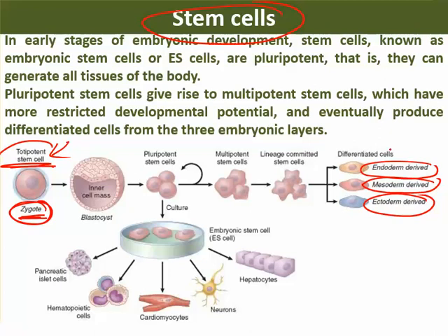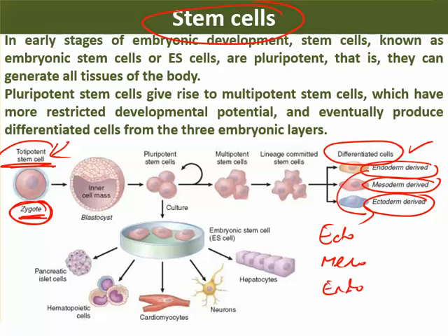So these are called differentiated cells, because ectodermal cells will not produce endodermal cells. Understand? There are 3 types of cells: ectodermal cells, mesodermal cells, endodermal cells. Endodermal cells will produce, for example, gastrointestinal tract epithelium. They will not produce skin. Mesoderm will produce muscle, bone, blood vessel. They will not produce skin.